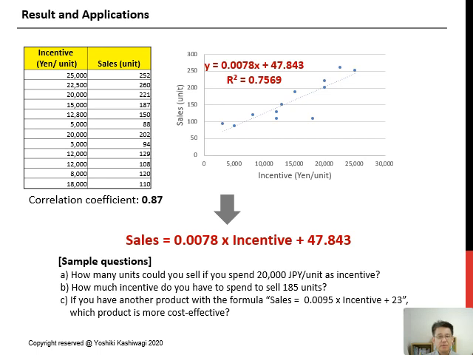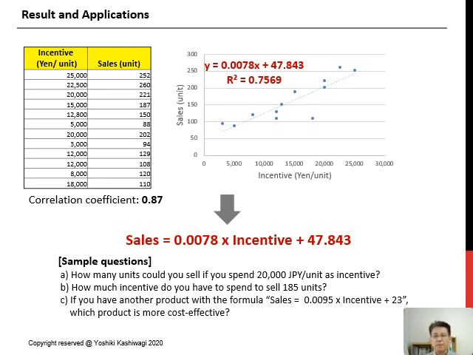It is better to have a higher value, but you cannot say, oh, you cannot use this formula simply because R-squared is 0.3. Nobody says that. There is no rule. But try to find the best fit, that means higher R-squared, if you have many choices.